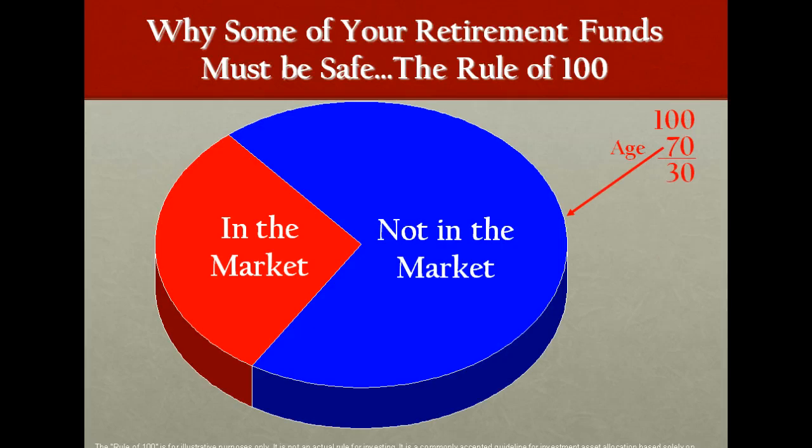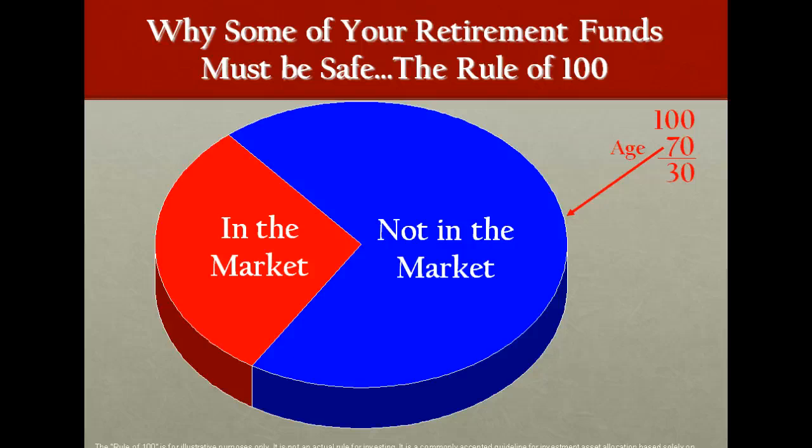So here are some financial planning principles or concepts. The first one we want to consider is the rule of 100. And the rule of 100 essentially says that whatever your current age, this subtracted from 100 will reveal the amount of your life savings or invested assets that should be subject to risk of loss or stock market risks.